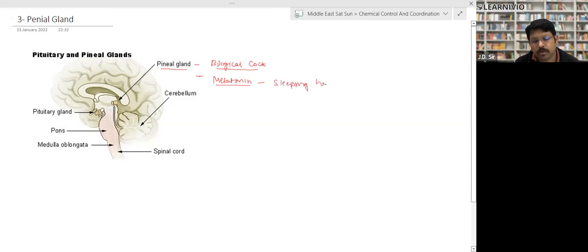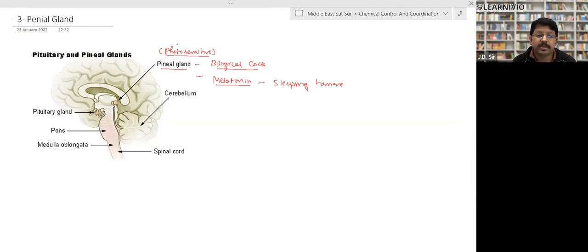The pineal gland is considered a photosensitive gland, because it is influenced by light. In dim light, secretion starts; in high light, secretion hardly takes place.